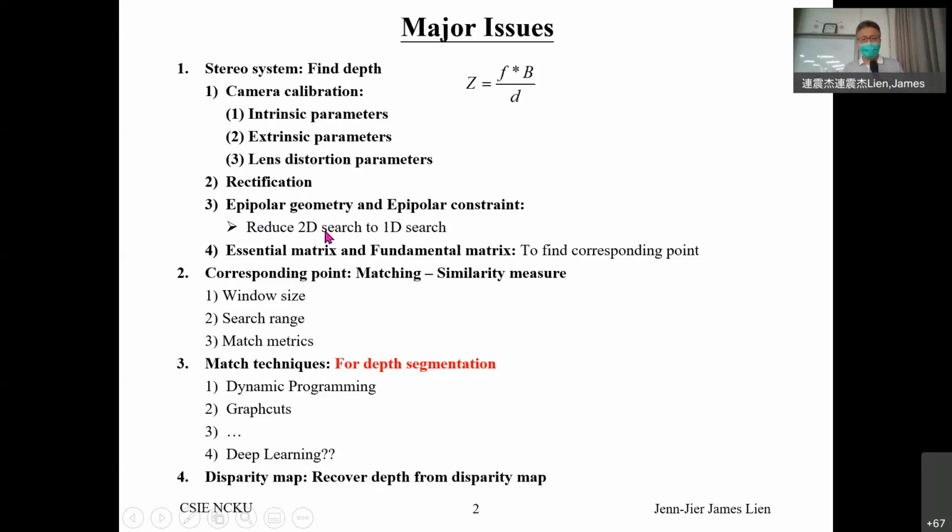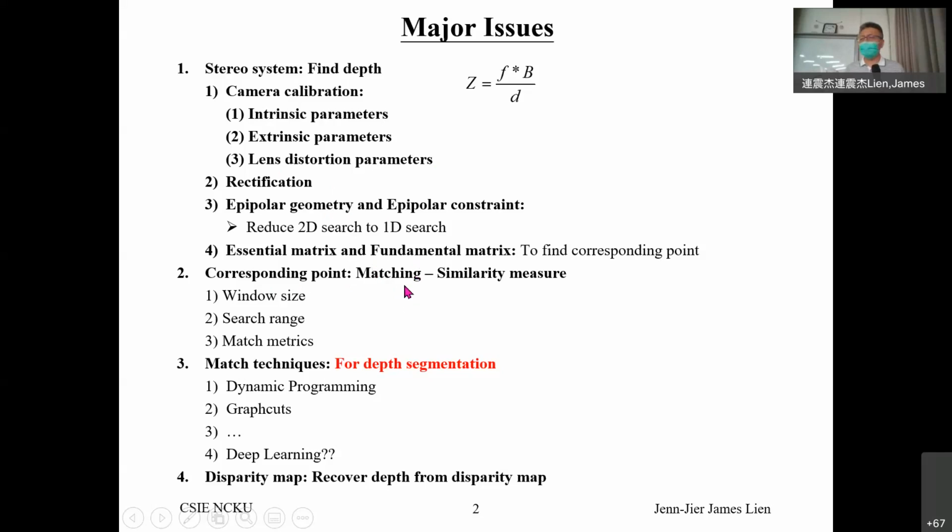When we talk about epipolar, we need to talk about the essential matrix and the fundamental matrix. Both matrices are the basis to understand stereo. Inside the stereo, we try to find corresponding points.